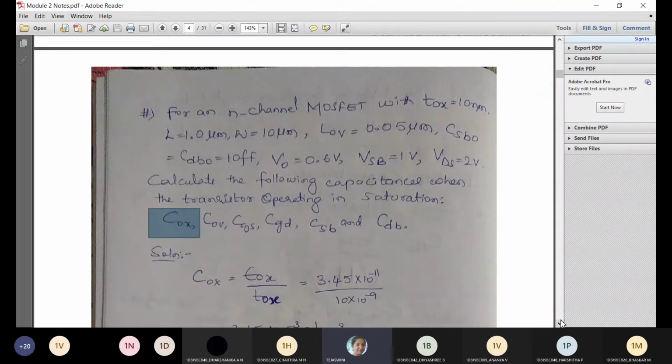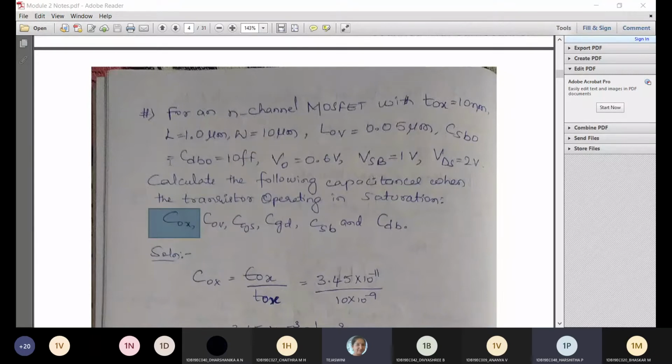Are you doing it? What is the oxide capacitance you got?